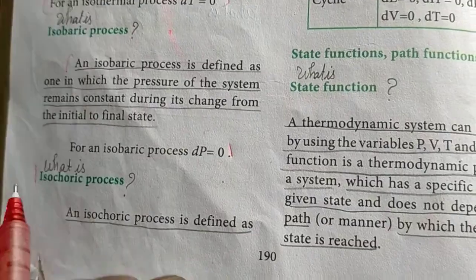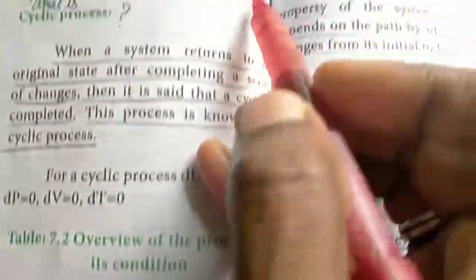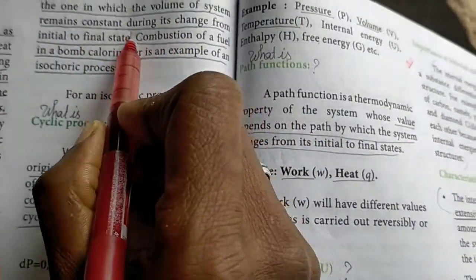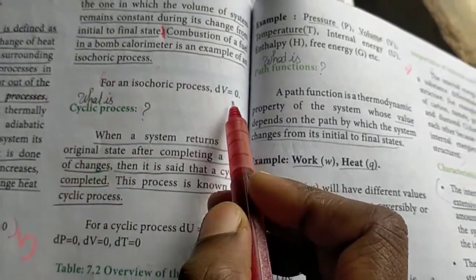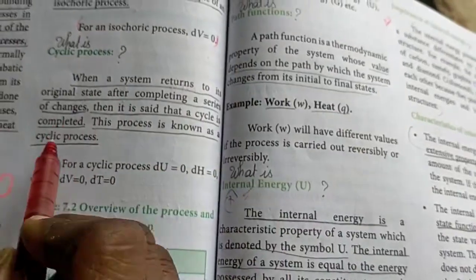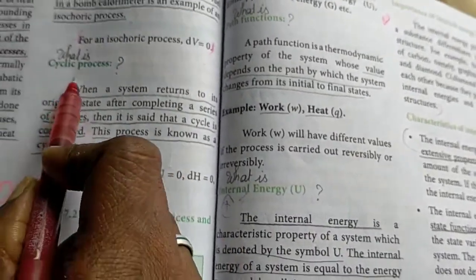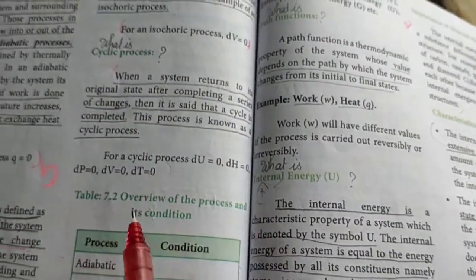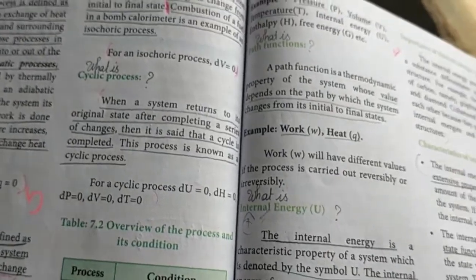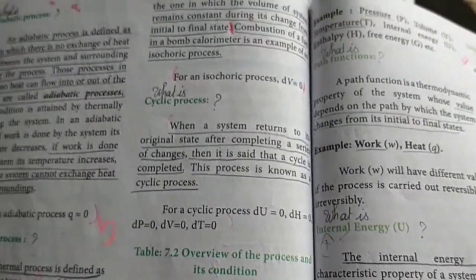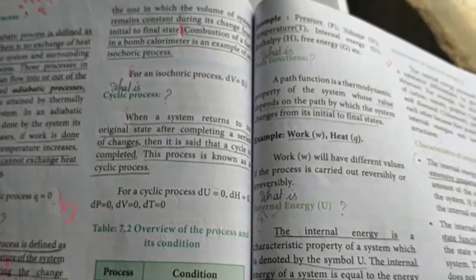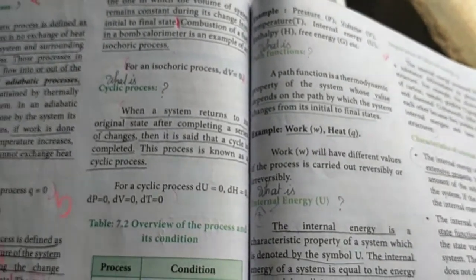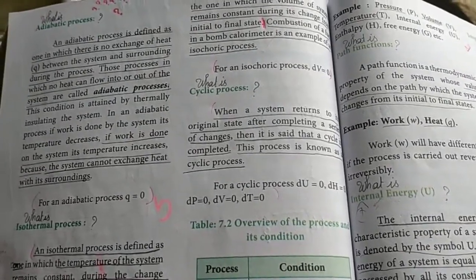What is isochoric process? Here to the final stage. Then this line. Then cyclic process, full. Okay, study these questions. Okay students, thank you.